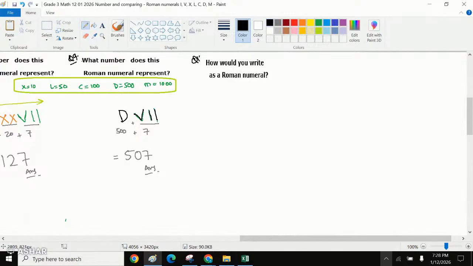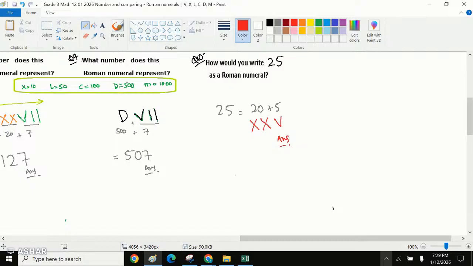In question number 10, they're saying, how do you write 25 as a Roman numeral? 25 can be broken down into 20 plus 5, and we know that 20 can be written as X and 5 is V.